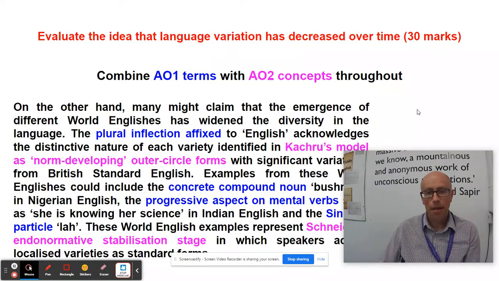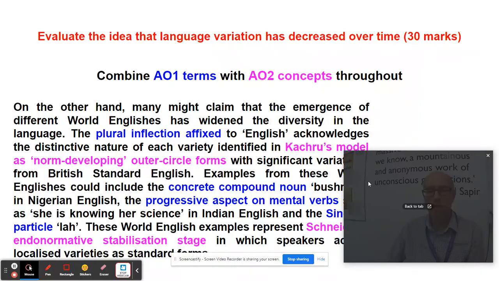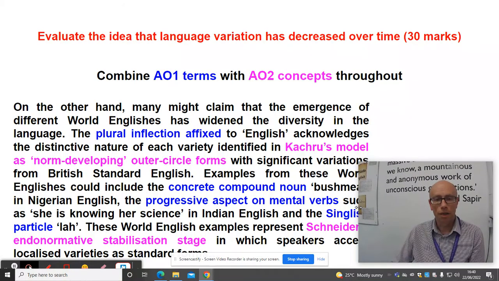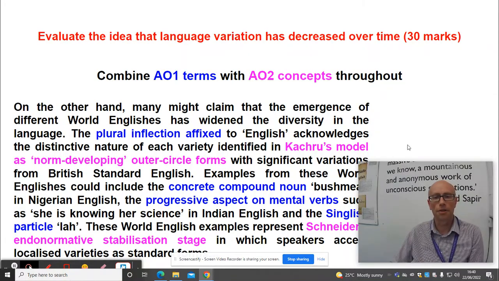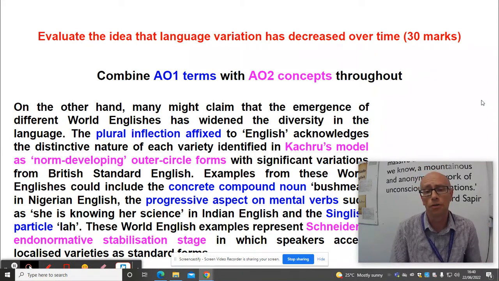On the other hand, many might claim that the emergence of different world Englishes has widened the diversity in the language. The plural inflection affixed to English acknowledges the distinctive nature of each variety identified in Kachru's model as norm-developing outer circle forms with significant variations from British Standard English.